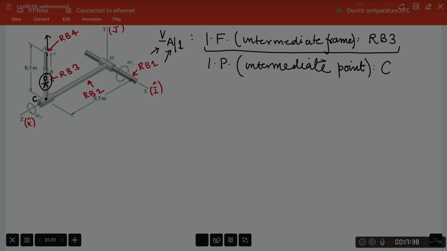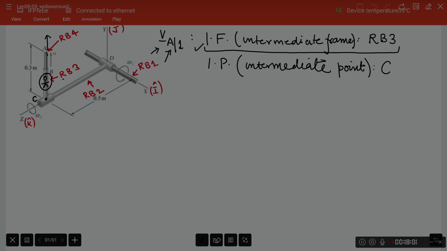What governs or what guides me while choosing an IP? The intermediate point should be chosen such that typically it lies at the interface of your IF and the next adjacent frame.